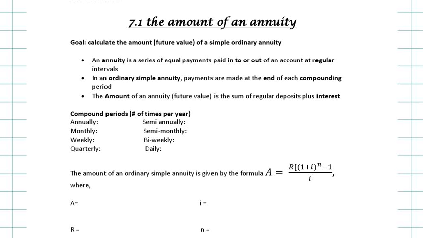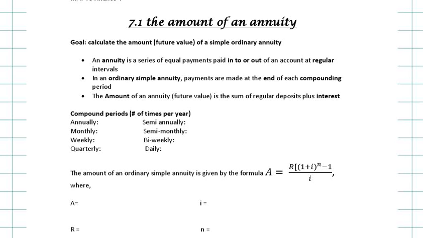So it's not a principal anymore, it's a regular payment that you are making every single time. This is similar to the scenario of a house. When you buy a house, you do your regular monthly mortgage payment, right? Or when you purchase a car, similar scenario.